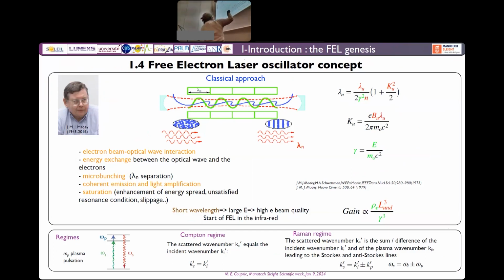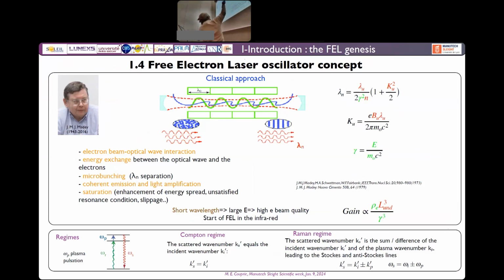Also the gain scales with electronic density, the cube of the undulator length, and the inverse of the cube of the electron beam energy. So we see that if we want to go to short wavelengths with the resonance condition, we have to use large electron beam energy, but then the gain is very low.